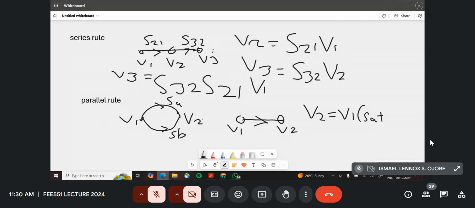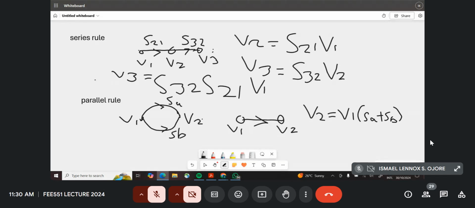Yeah, that's for the parallel rule. So if you notice, for the series and the parallel, the branches are in the same direction. So you should take note of that.